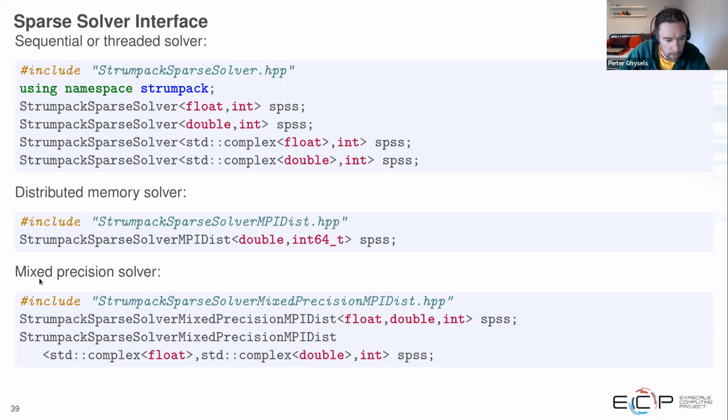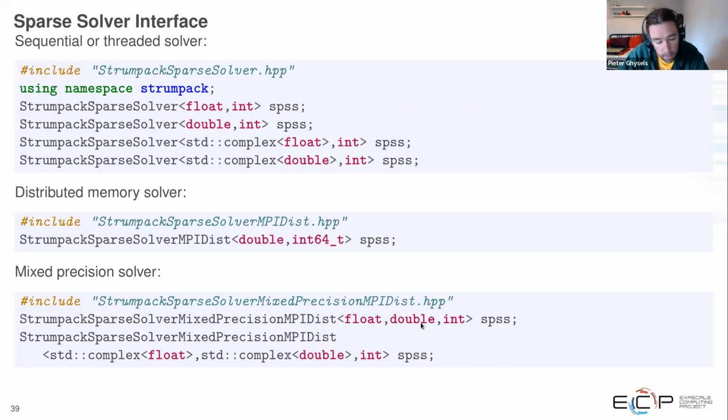And then we also have a mixed precision solver called StrumpackSparseSolverMixedPrecision or MixedPrecisionMPIDist. And this takes two precisions, for instance float, which is used to do the sparse LU factorization, and a double, which is used to recover the solution in higher precision than the factorization precision.